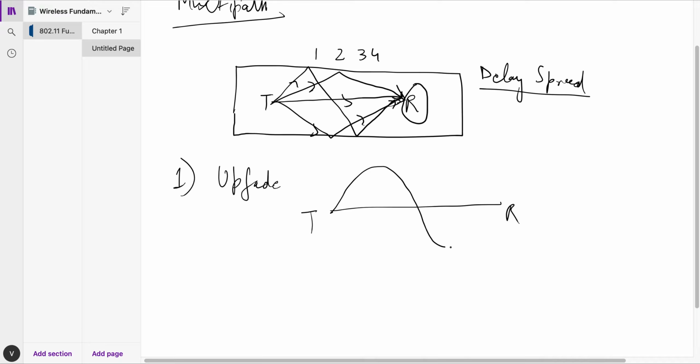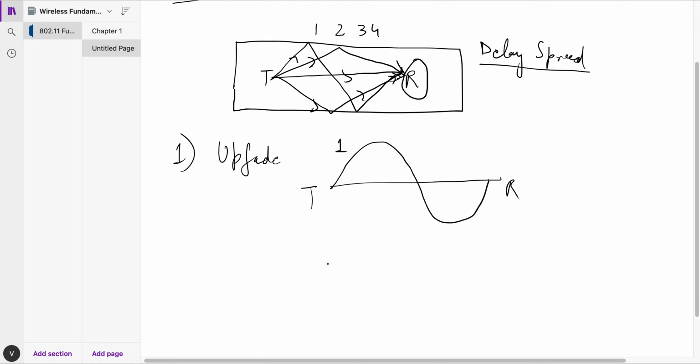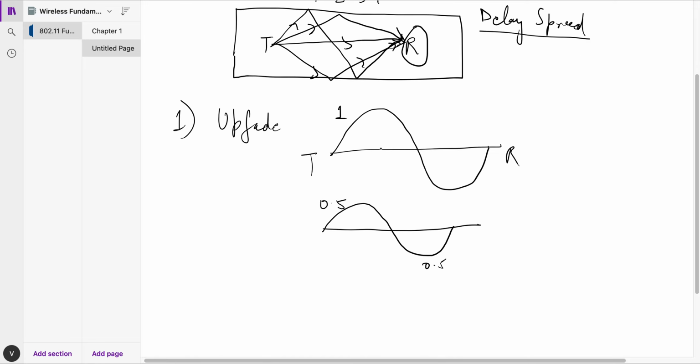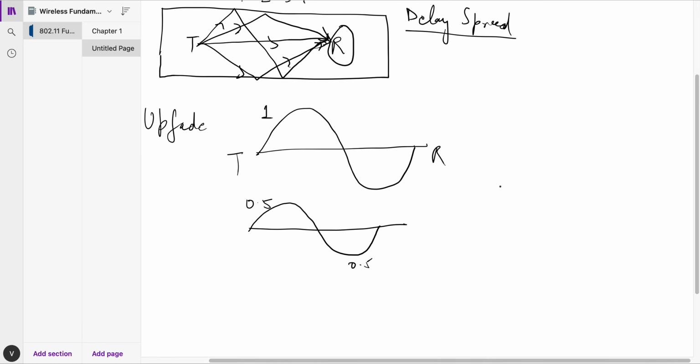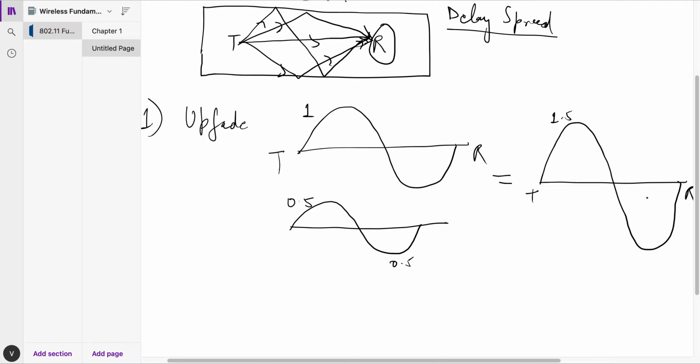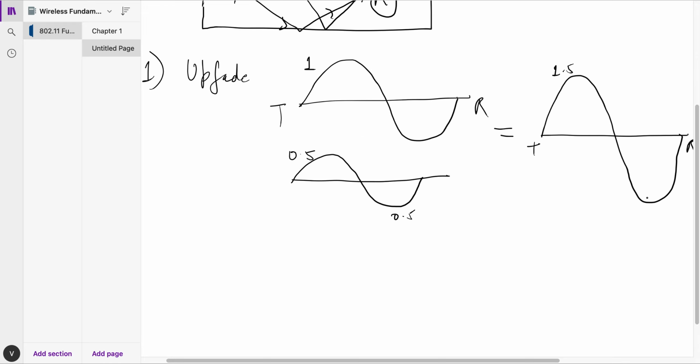One is of amplitude, let's say 1, and the other is amplitude 0.5. Upfade is when the resultant wave is a combination where the amplitude increases, which means now the amplitude is 1.5. The amplitudes got added. This is called upfade, when the resultant wave is an addition of the two waves that we see.